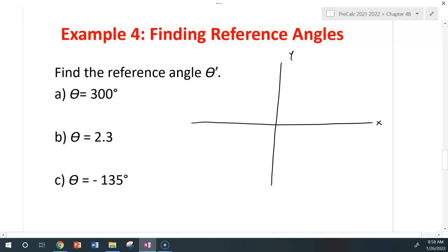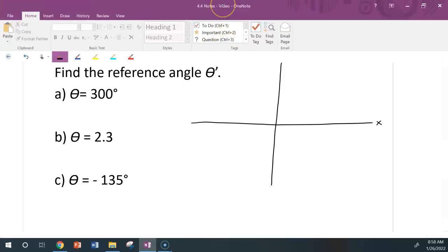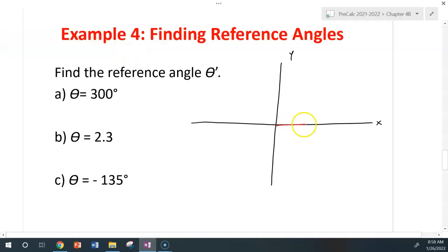And then let's draw in our first angle, 300 degrees. Initial side is always going to be on the x-axis. This is 90 degrees, 180, 270. This is 0 and 360. So 300 degrees is going to be round about there somewhere.